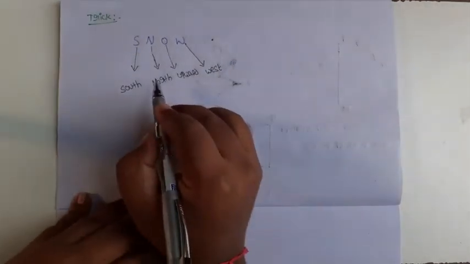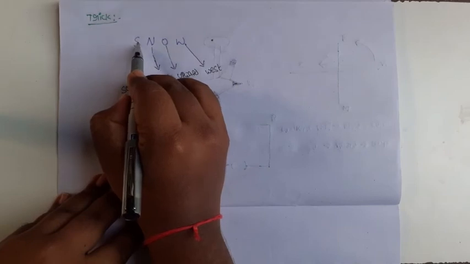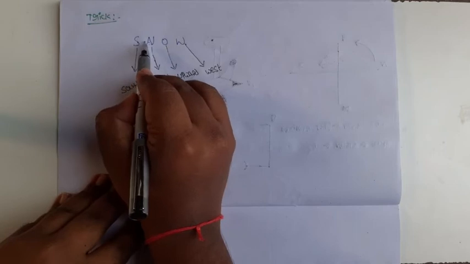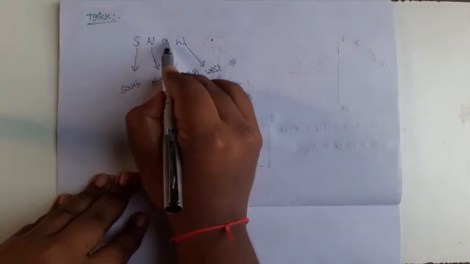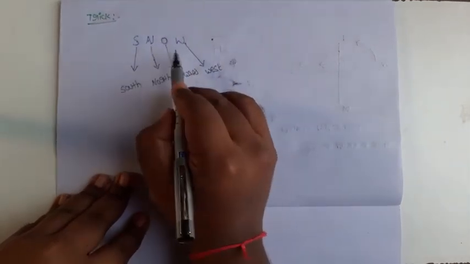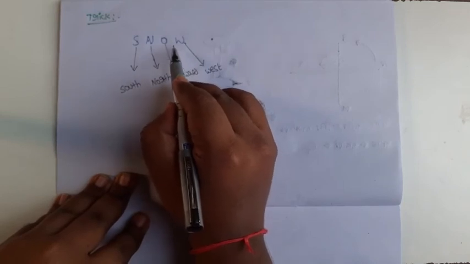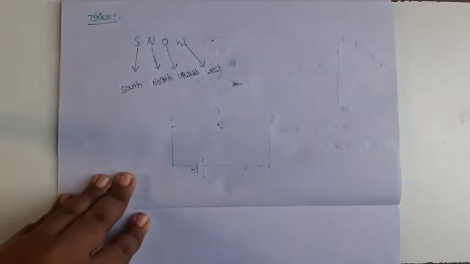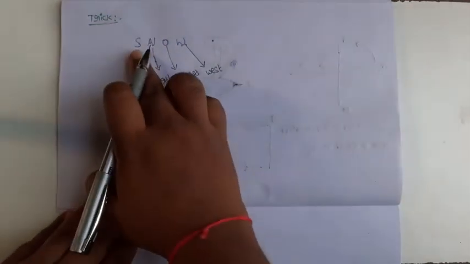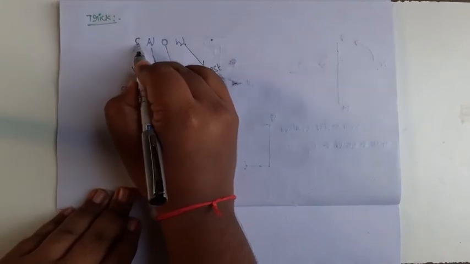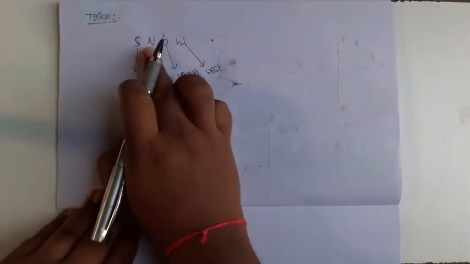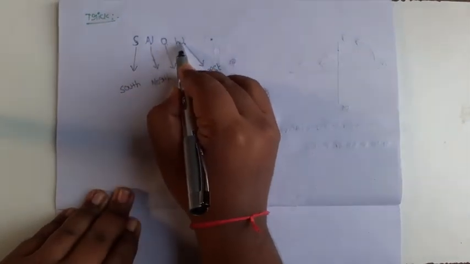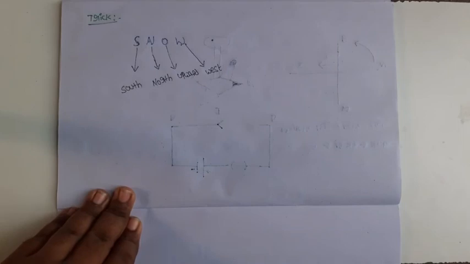Suppose current flows from south to north direction. What is the observation? The magnetic needle is deflected towards the west direction. Now reverse.